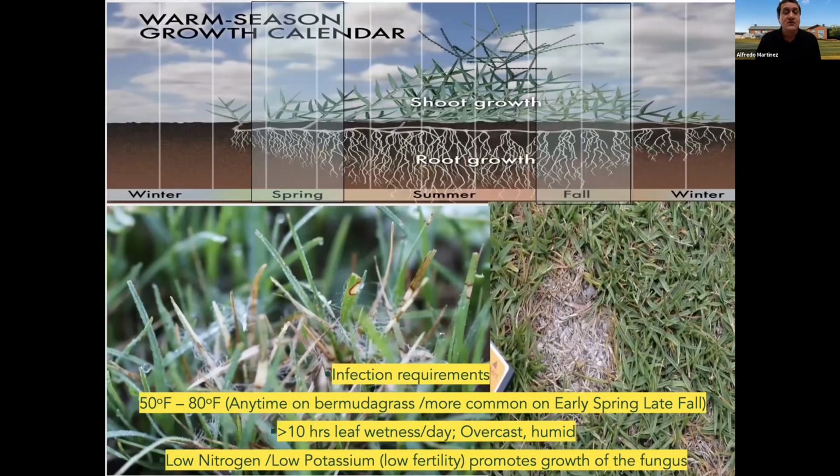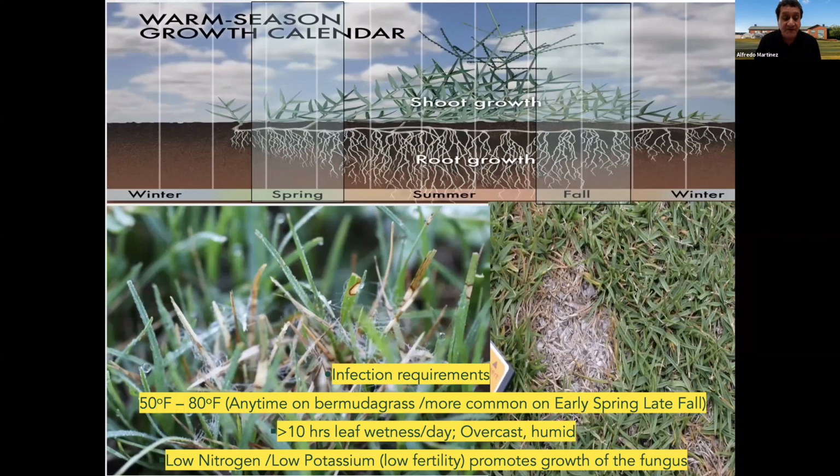If you already have dollar spot, it's because of the nighttime temperature. Remember, we just had some really cool nighttime temperatures, which we still have, and then warm days like we have basically today, with a little humidity and the rain that is coming.